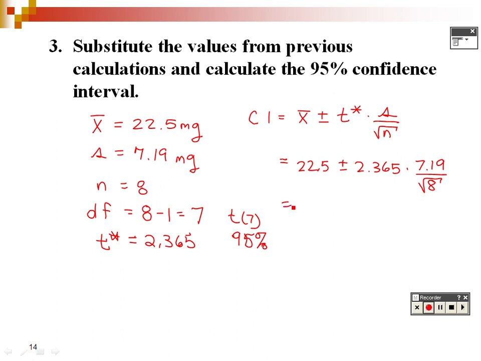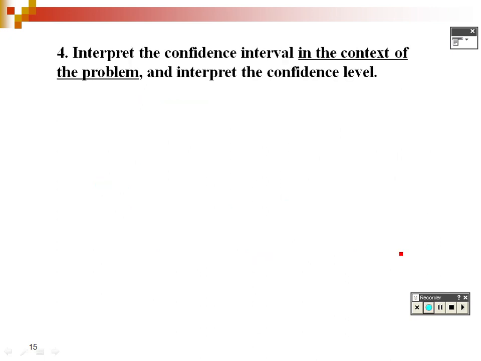When you simplify that, you get 22.5 plus or minus a margin of error of 6.1 milligrams. And so our confidence interval is from 16.5 to 28.5, and then we get the typical statement, and the statement reads something like this.